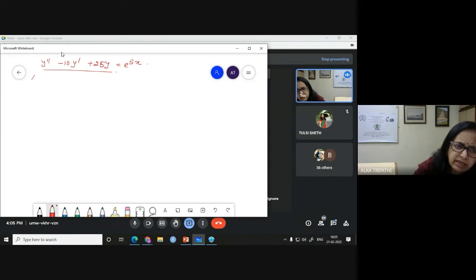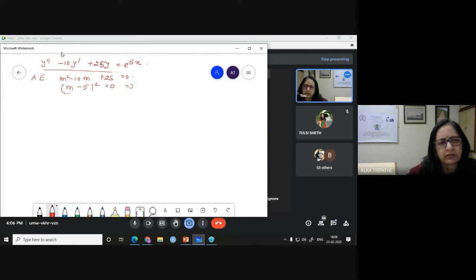Finding yc means I need the auxiliary equation, which is m square minus 10m plus 25 equal to 0, which gives me m minus 5 whole square equal to 0. How many roots are there?